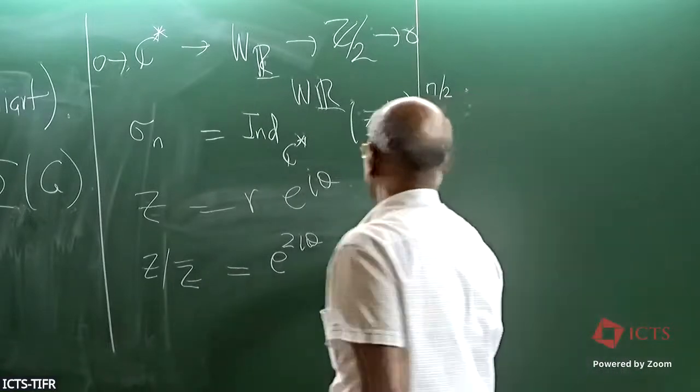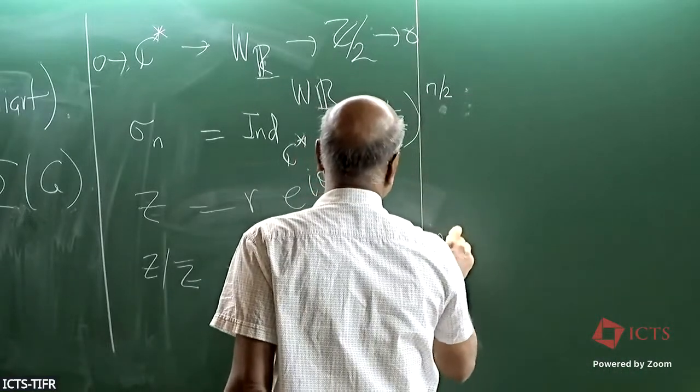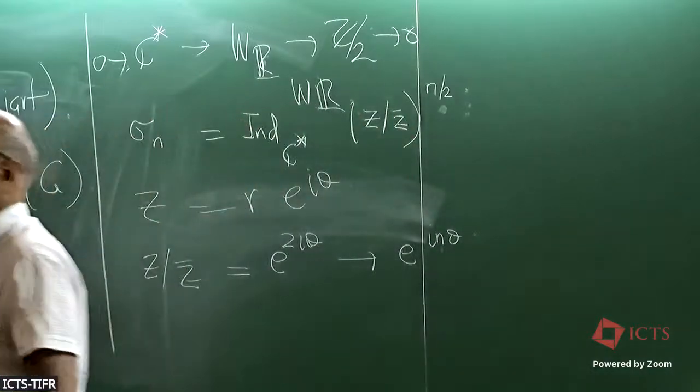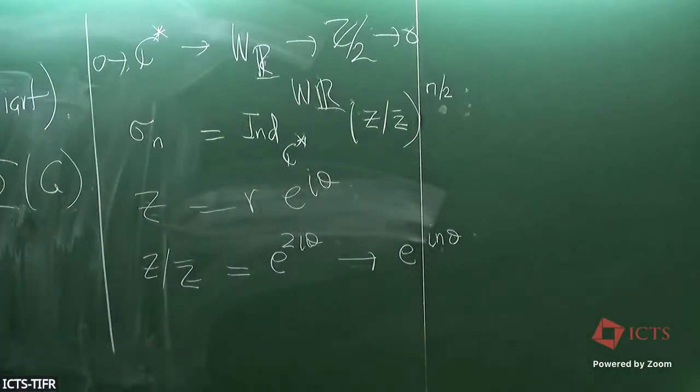So this goes to e to the power i n theta. The square root of Z by Z bar makes sense.